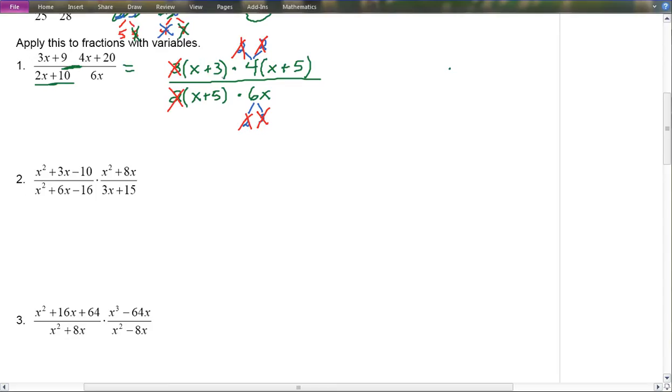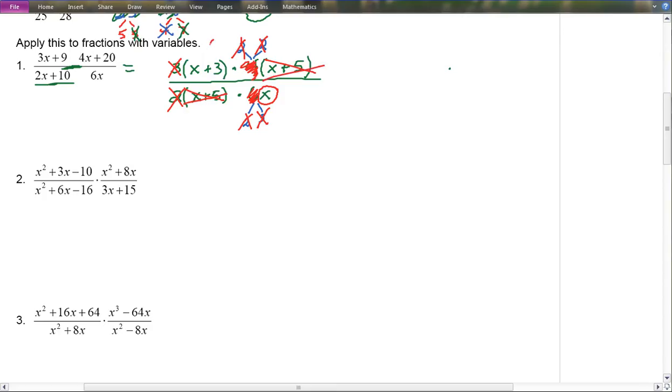Okay, now let's look at everything else that we have left. This 4 had gotten split up into 2 twos, so we don't need it anymore. The 6 got split up into 2 times 3, so we don't need that anymore. Okay, so what's left? Well, I have an x that's left. I also have x plus 5 that's left on the bottom. But if you look up at the top, that x plus 5 also cancels out with the x plus 5 that's on the top.